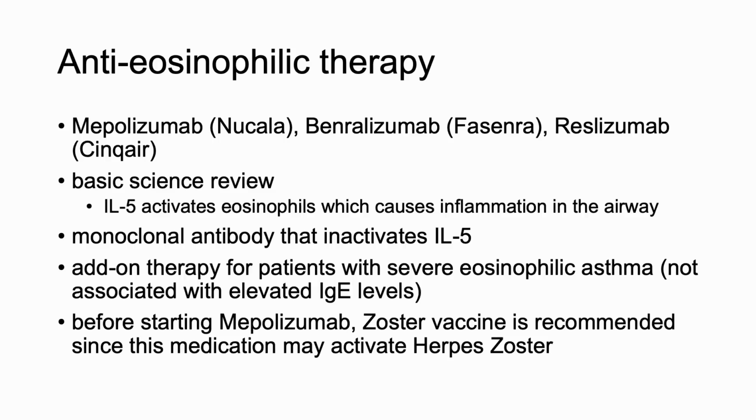Anti-eosinophilic therapy such as mepolizumab, benralizumab, and reslizumab can be used as an add-on therapy for patients with severe eosinophilic asthma, but not associated with elevated IgE levels like omalizumab. Keep in mind that before starting mepolizumab, zoster vaccine is recommended since this medication may activate herpes zoster.